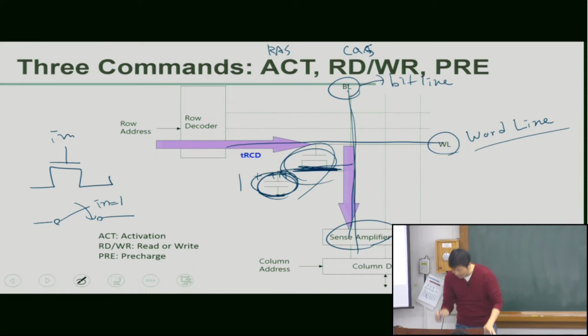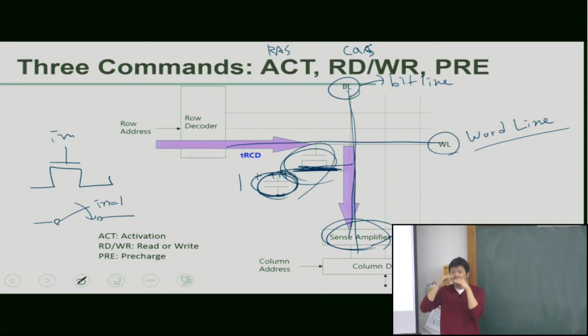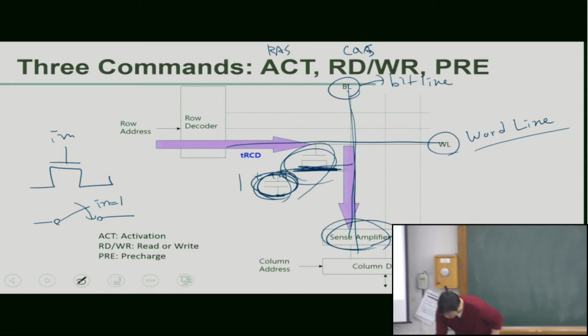Okay, and then what this sense amplifier does is amplify this small offset from the nominal value to make it either a 1 or a 0, depending on the value of this cell.